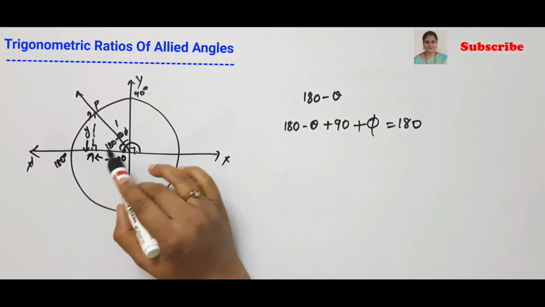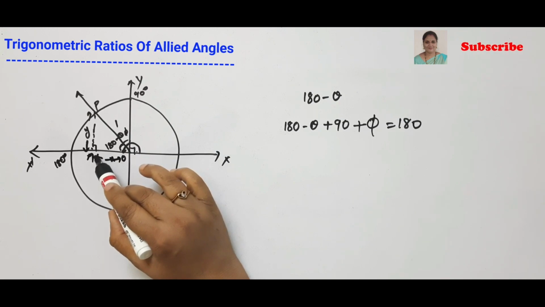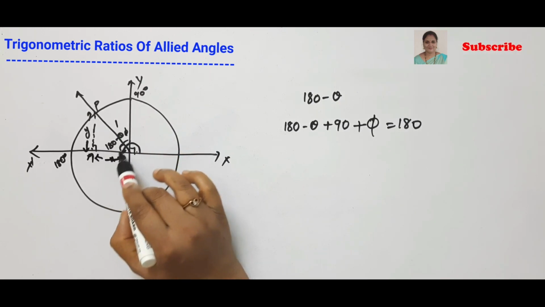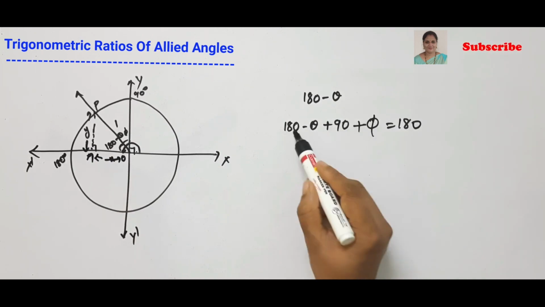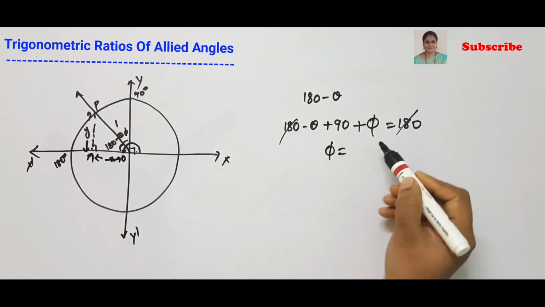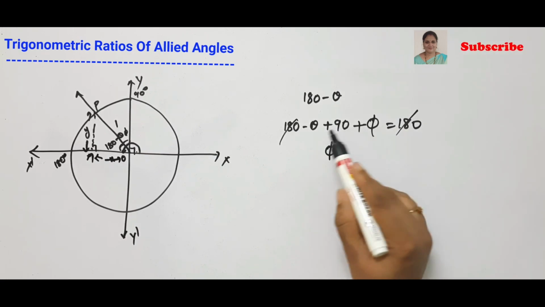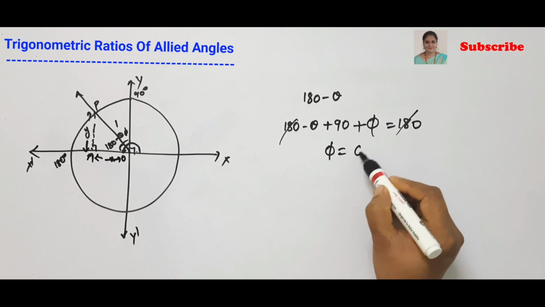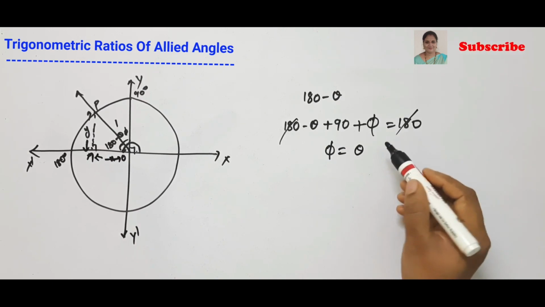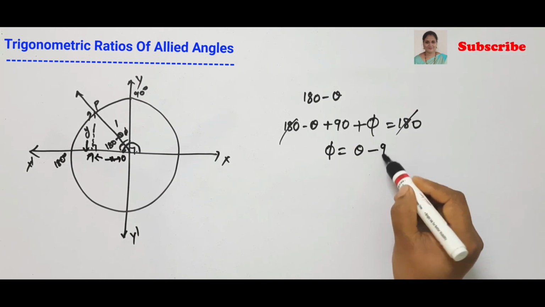If you use properties of the triangle, this is 180 minus theta plus 90 plus this angle at B. The meaning is the same, the result will also be the same. So 180 gets cancelled. So phi will be minus theta, going to RHS it becomes plus theta, plus 90, and going to RHS it becomes minus 90.